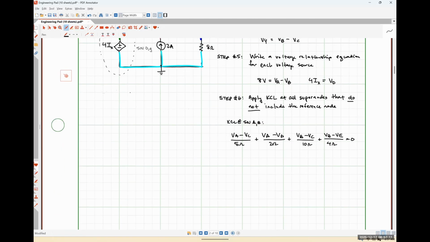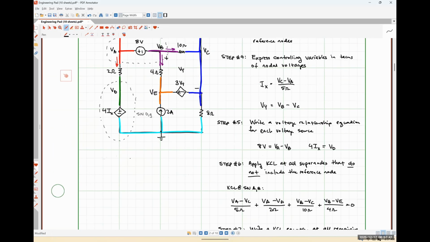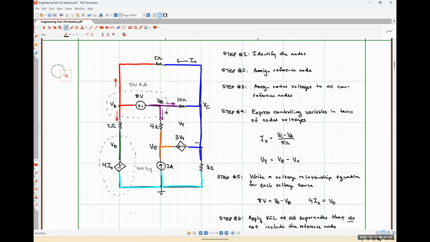All right. So step number 7 is going to be to write a KCL equation at all remaining non-reference nodes. So for us, that would just be node C and node E, because A and B already have a KCL equation.